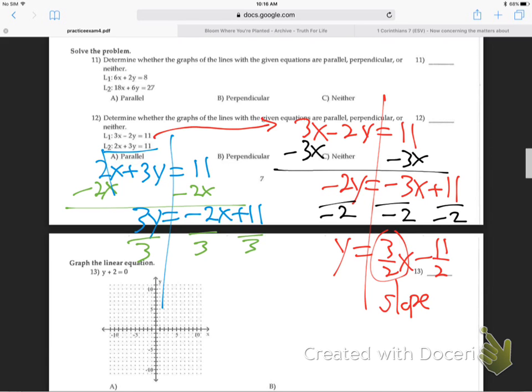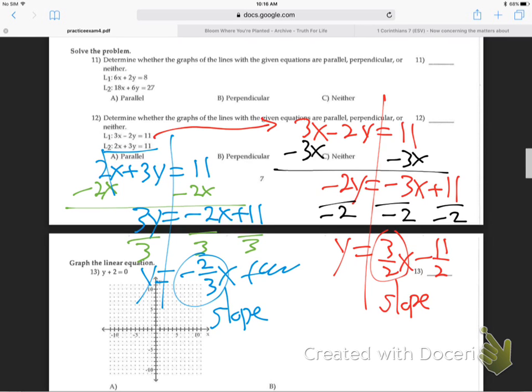And we get y equals minus 2/3 x plus, who cares? Minus 2/3 is all I care about. That's the slope on that one. I just got y alone on both of them, and I grab the fractions next to x. Those are the slopes.